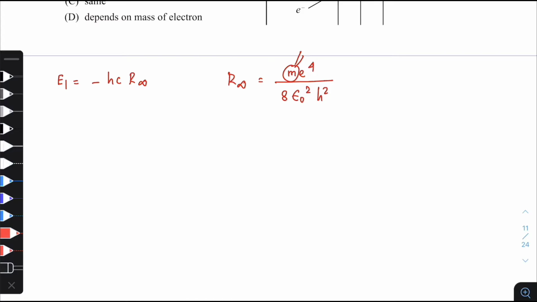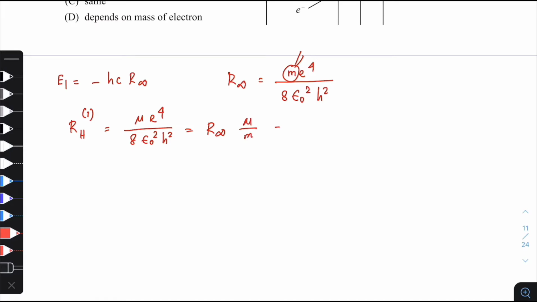But if we assume that the proton is mobile, then we have to use R_H, let's call it R_H1, where the electron mass is replaced by the reduced mass of electron and proton. So this can be written as R infinity times mu by m.